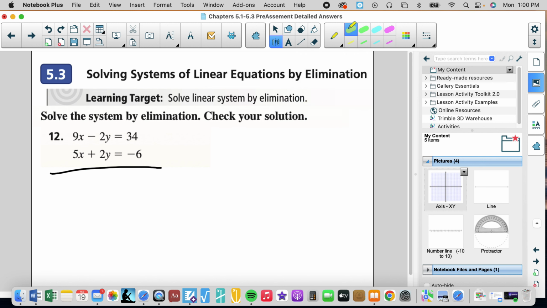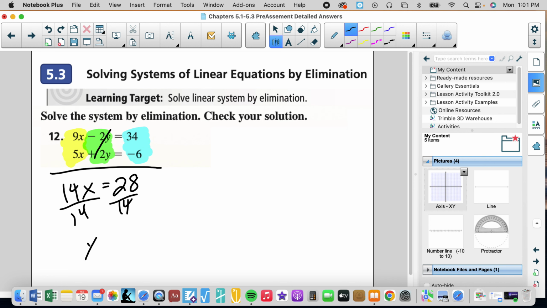Here we are, ax plus by equals c, and we're going to combine the columns. So we'll combine the x's, combine the y's, and combine the constants. And notice each of the equations are in the same format. The y's cancel, and we're left with 28 divided by 14, x equals 2.